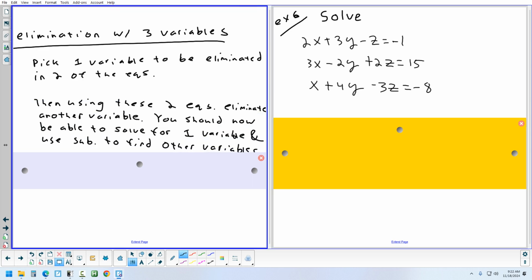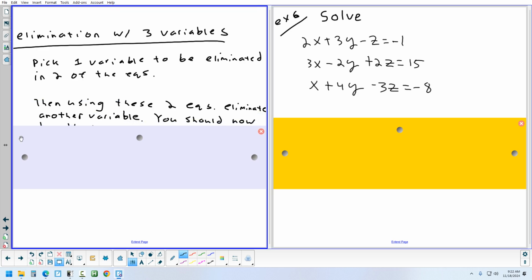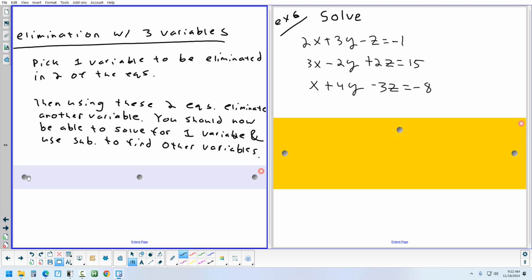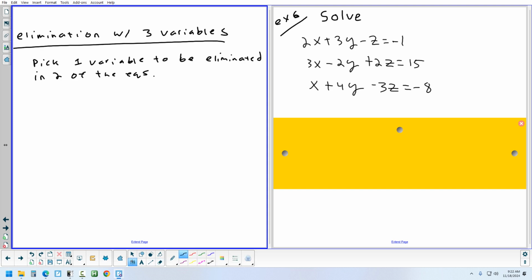So you're going to pick a variable, and you're going to eliminate that variable in 2 of the equations. Let me reword that a little bit. Okay, so pick one variable to eliminate in 2 of the equations. And now, pick 2 different equations, that's the key. You can't do the same 2 again. You're just going to get the same answer.